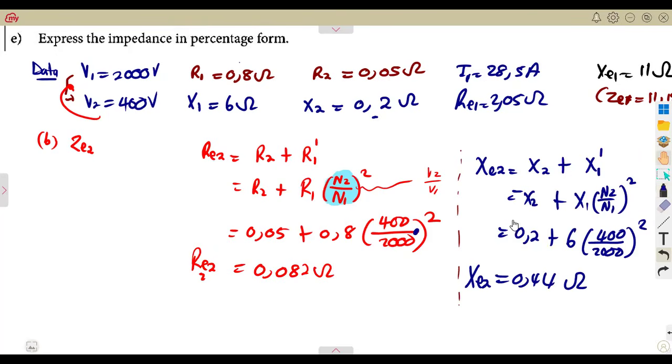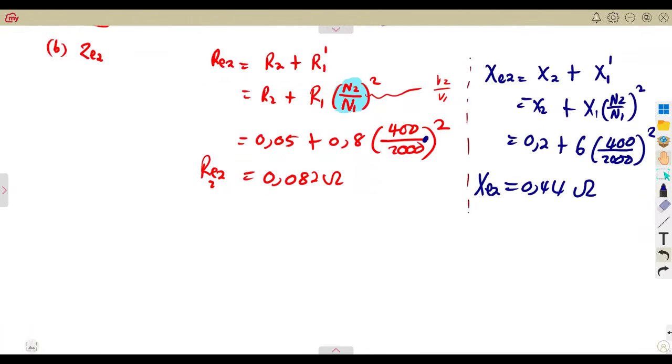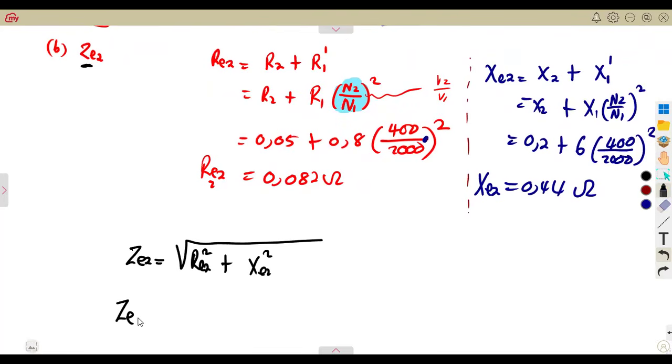And with this, our equivalent impedance as referred to the secondary side can be calculated. We can use the first formula from the resultant of RE2 squared and XE2 squared. Remember your Pythagoras theorem concept. So this is going to be the square root of RE referred secondary, 0,082, plus XE, which is 0,44, squared.